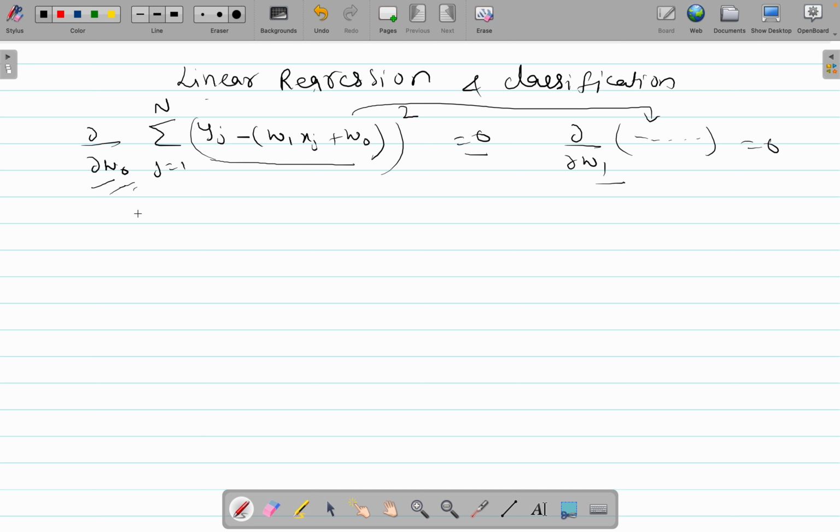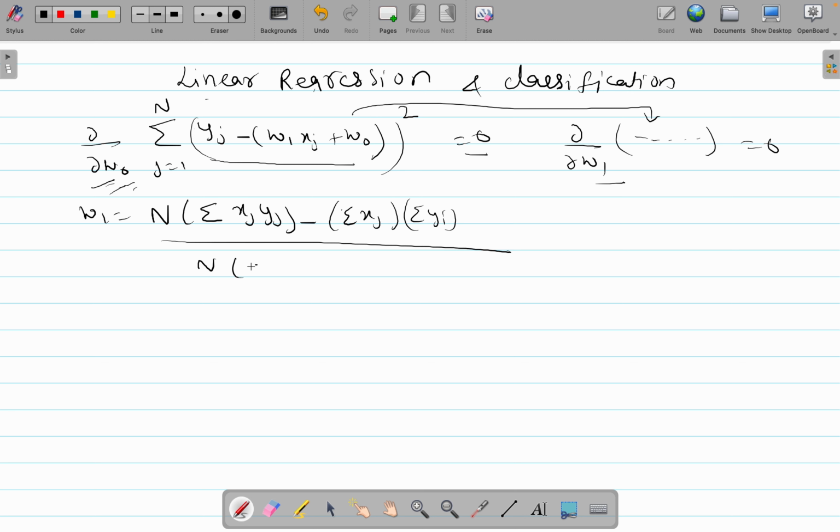Now these will have unique solutions, and we will get w1 equal to n times sum of x_j y_j minus sum of x_j times sum of y_j, the whole divided by n times sum of x_j squared minus the whole square of sum of x_j. Just solve it, it's a simple differentiation, there is nothing much to it.